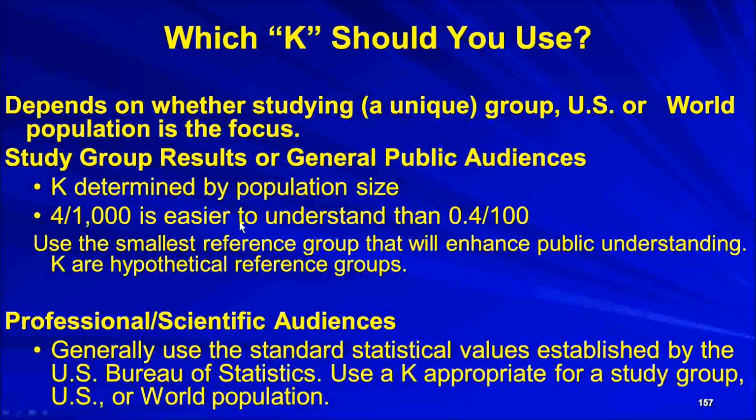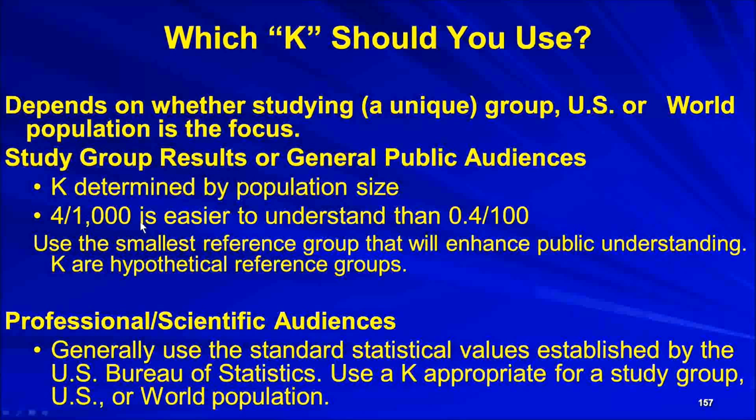Now, in talking to an audience, it's easier. Now, this is where it becomes trickier. It's easier for them to imagine 100 people, because you can think of a classroom and 100 people in a classroom, than it is to think about 1,000 people. Okay?